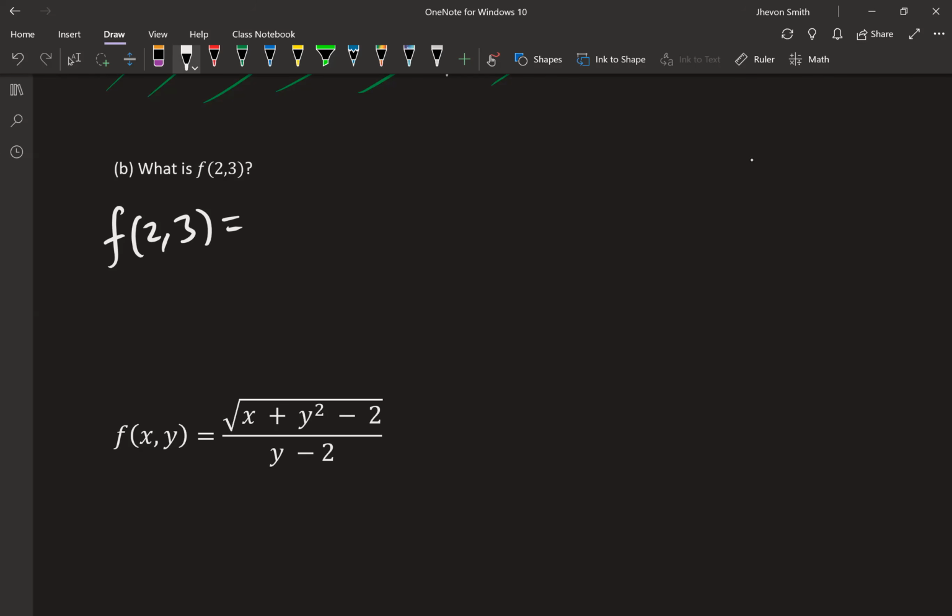What do you think we do here? Yeah, you plug what in? Right. So you would say plug in x equals 2 and y equals 3.